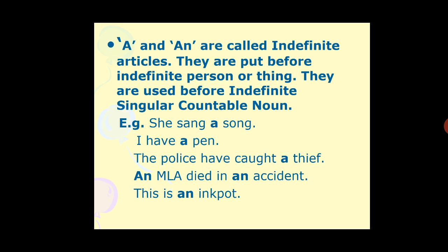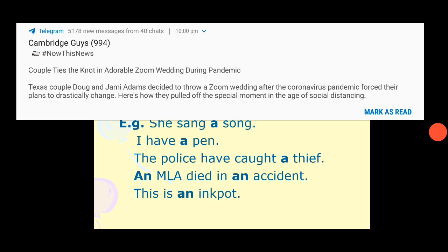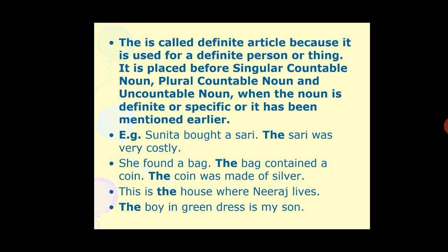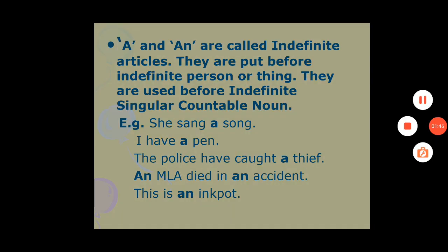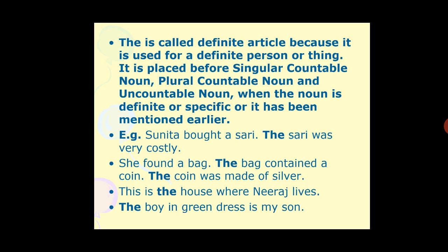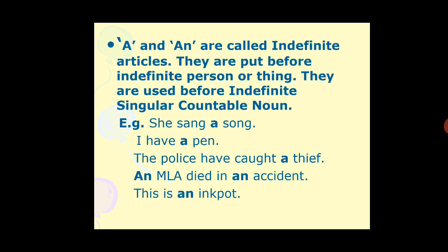A and an are called indefinite articles. As you can see, they are put before indefinite person or thing. They are used before indefinite singular countable noun. As you can see in this example, she sang a song.